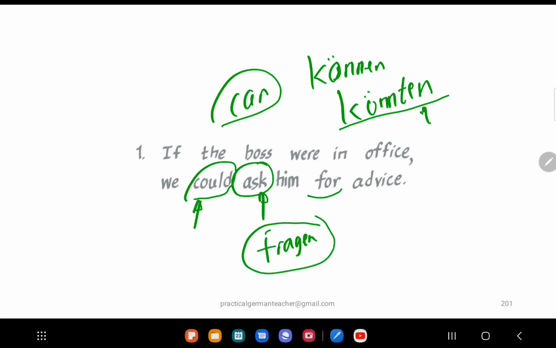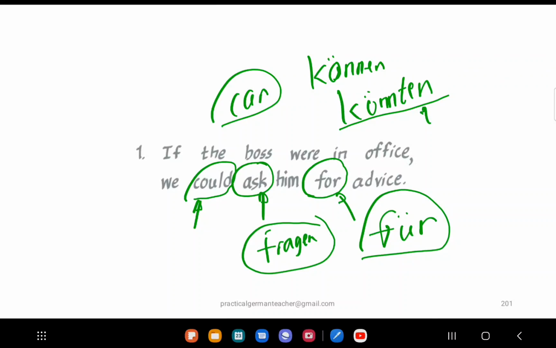Now you have to ask for something. Immediately you will think, okay, for in German it is für. If you use für in this situation, nobody will point out your mistake. They will be just happy that you are trying to speak German, but it is incorrect. I told you you can replace for with für, but not always.